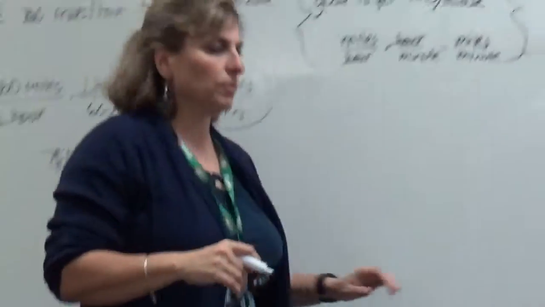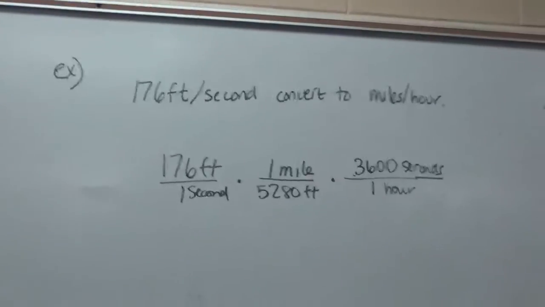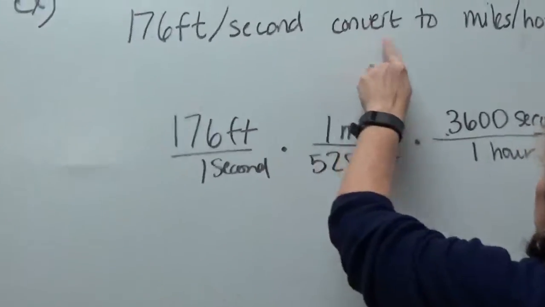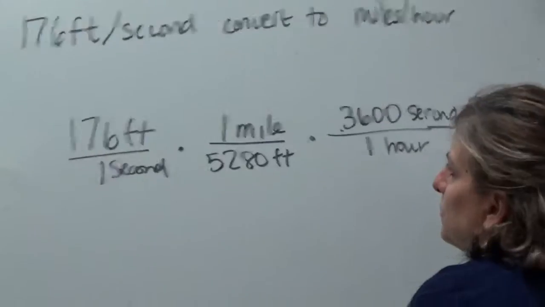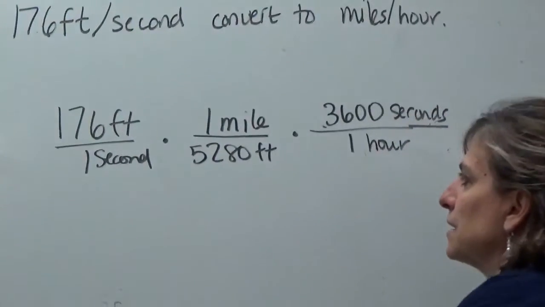Okay, so we have another one over here. We've got 176 feet per second. Convert that to miles per hour. You always want to make sure you set it up so that you end up with miles per hour, so you have to cancel things out.